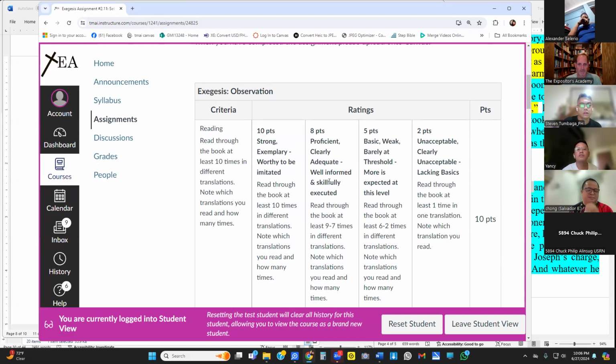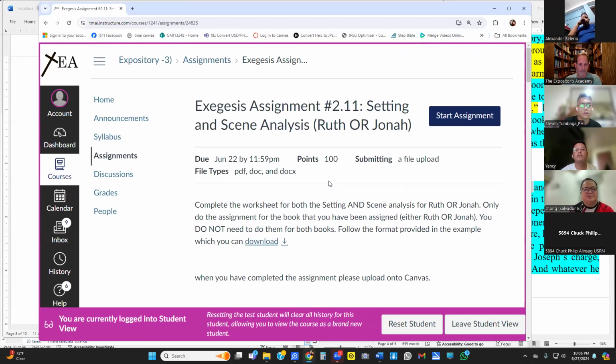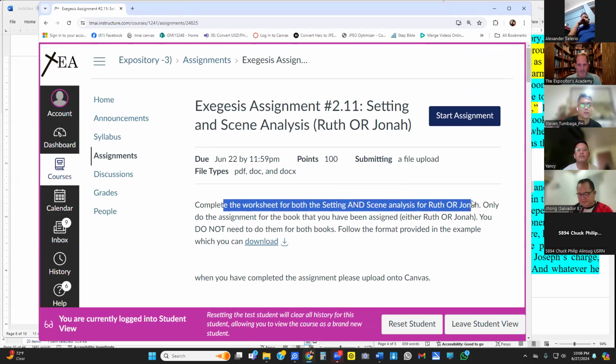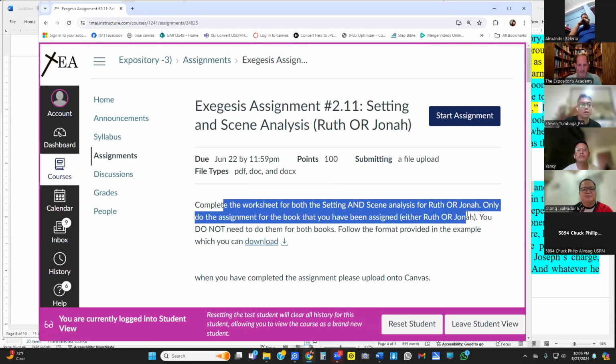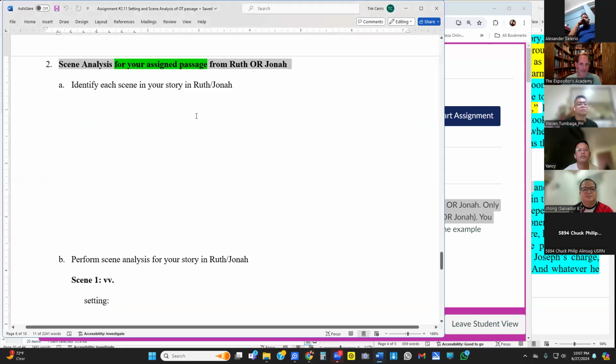So just follow the instructions. So this just says complete this setting and scene for Ruth or Jonah. And you only do it for the book you're assigned. But if you look at the assignment instructions, it says scene analysis just for your assigned passage. Okay. Now, I think a couple of you did it for the book.